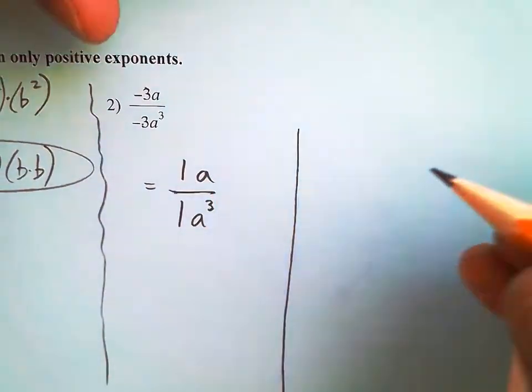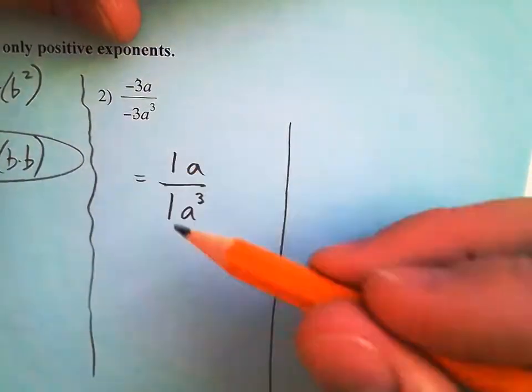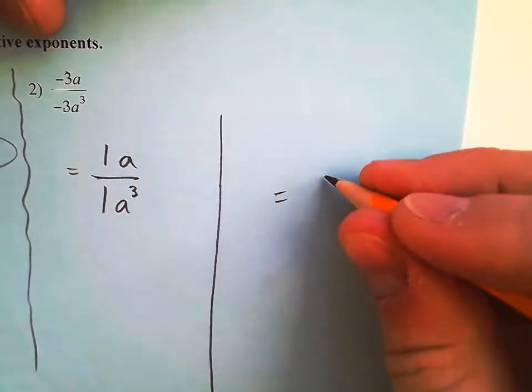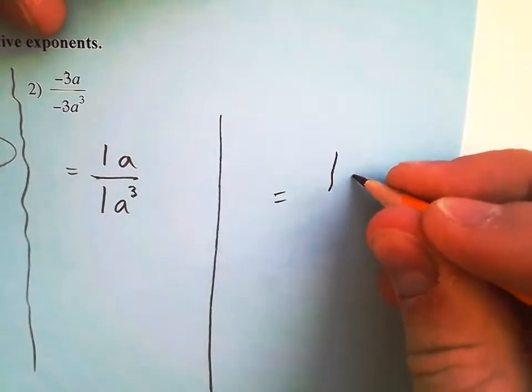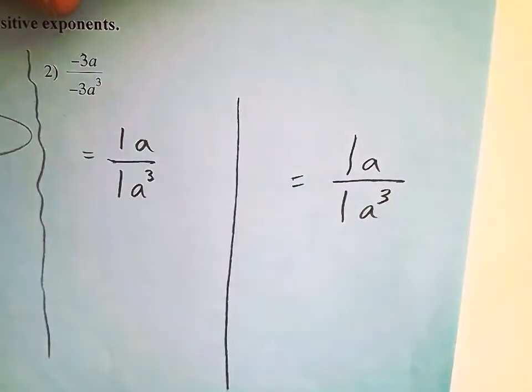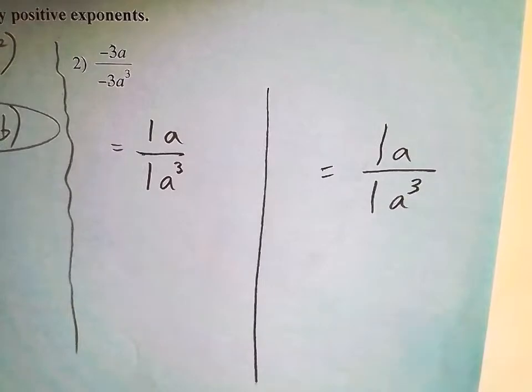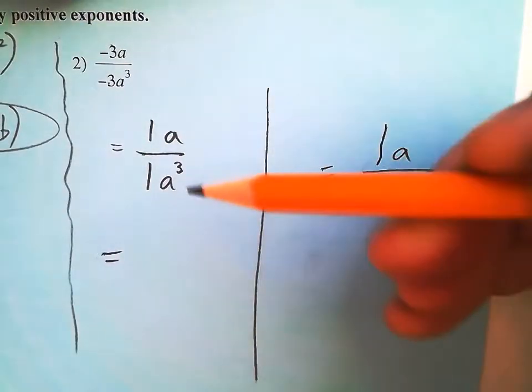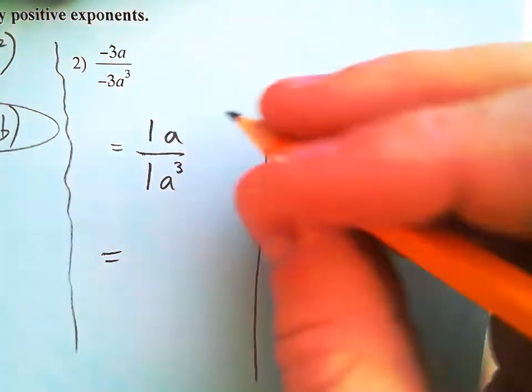Okay, then we've got to deal with the a's, because we want to combine all the a's stuff together. I'm going to show you 2 different ways of thinking about it. The first way is using the quotient rule, quotient property.